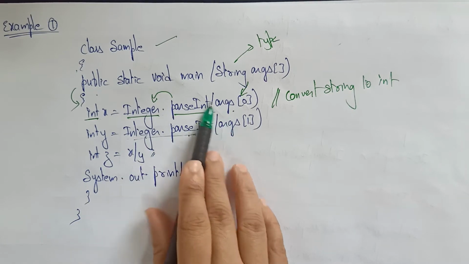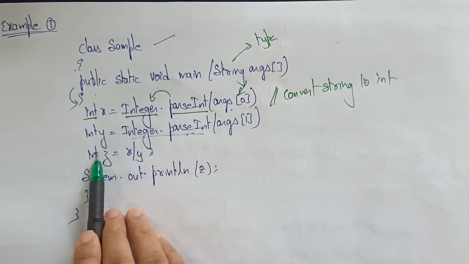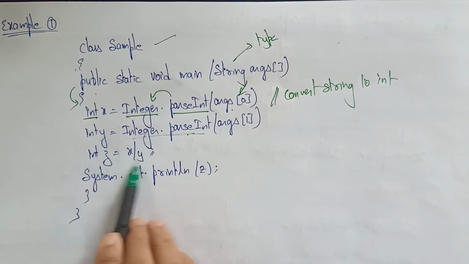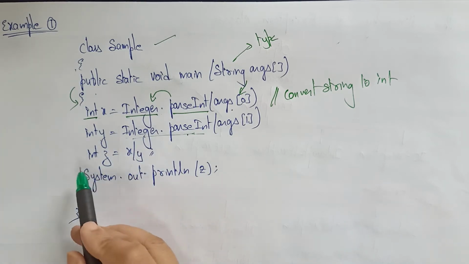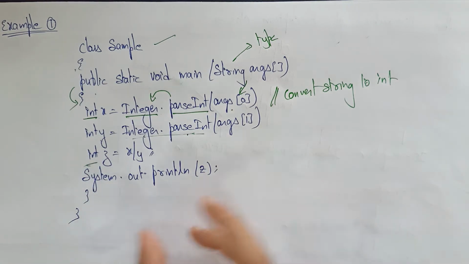A string is parsed to the int. And int z: whatever the values x and y, that will be divided, and since it is an integer, only the integer part is going to be taken, and that has to be printed. This is what is happening.